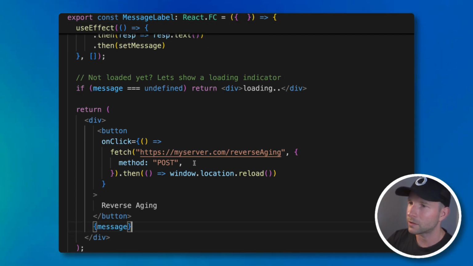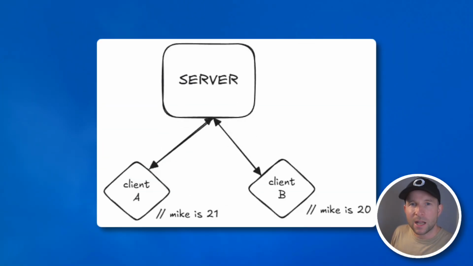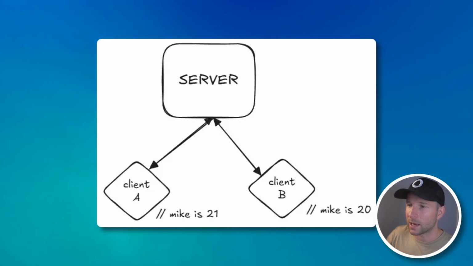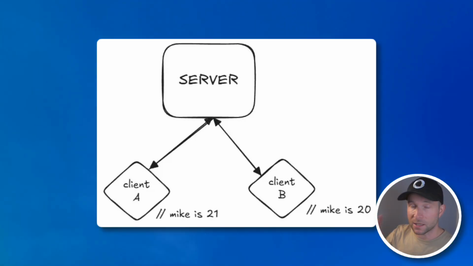Great, so now our derived state comes from the server on request, but what happens when another client updates that state? So what's going to happen is we're going to have one client that is seeing that the age is 21, and we're going to have another client that is seeing that the age is 20. This is obviously not ideal, because ideally both clients at the same time are going to be able to see the same state.